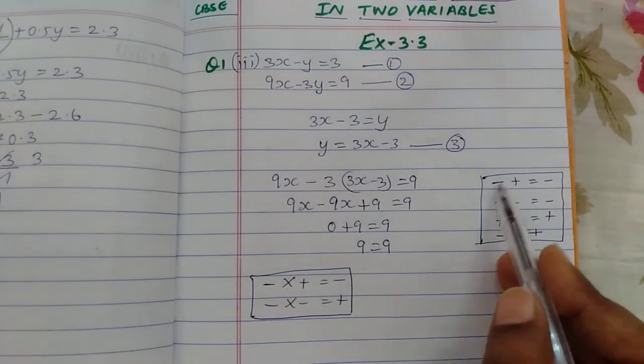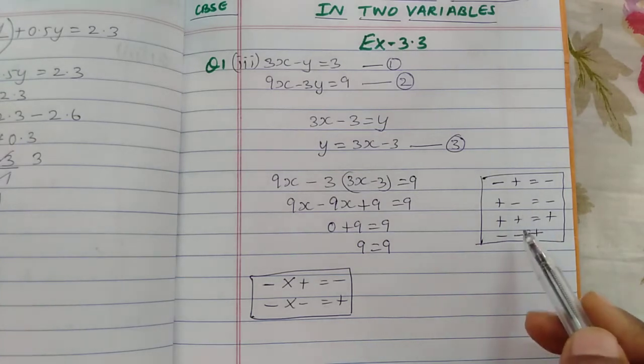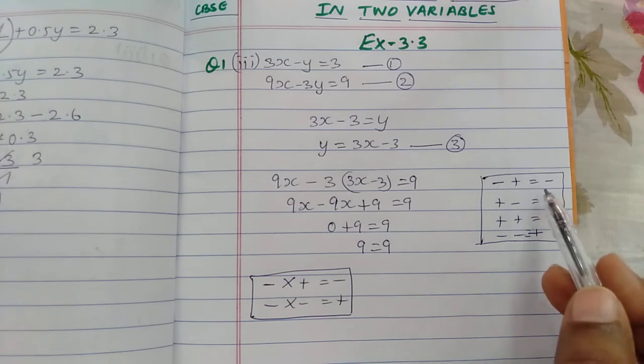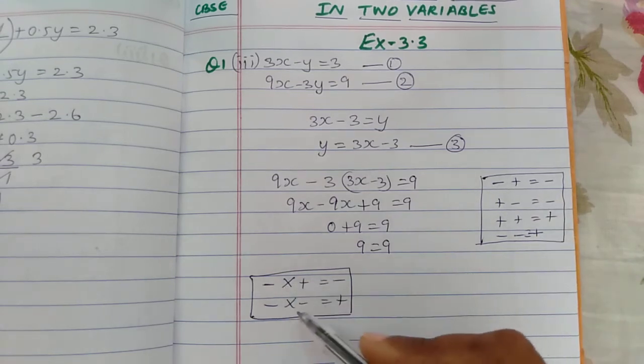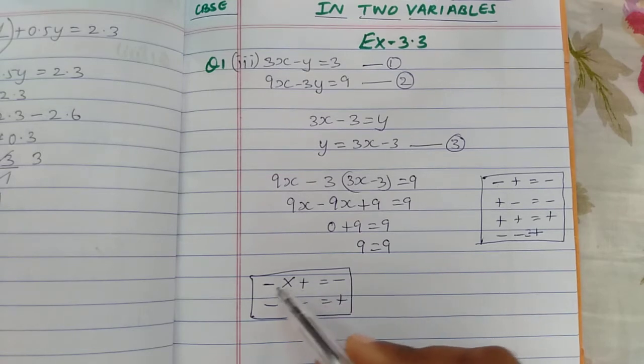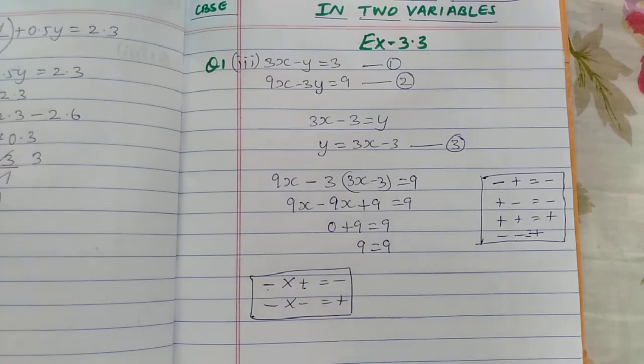See here, when you add or subtract two numbers with signs, then you take the sign of the larger number, the greater number. But here during multiplication, you don't have to see for the greater or lesser number. Once you see a minus sign with a plus sign, you just have to put minus.